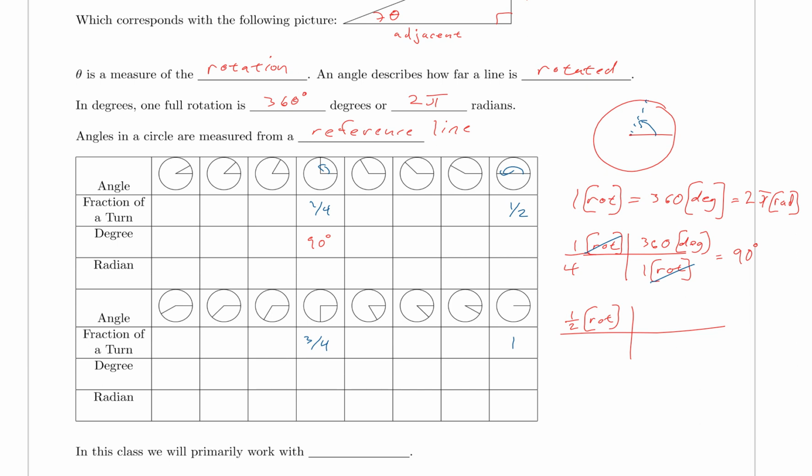And so we write 360 degrees over 1 rotation. Rotations cancel. The unit rotation cancels. And so we're left with 360 divided by 2, which is simply 180 degrees.